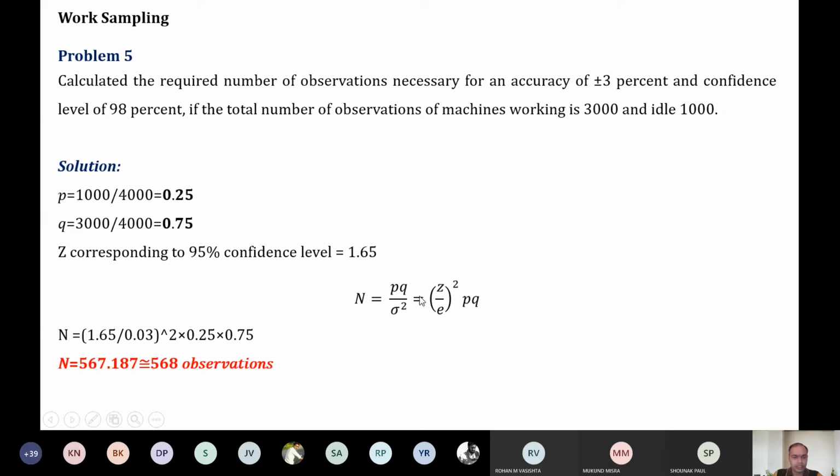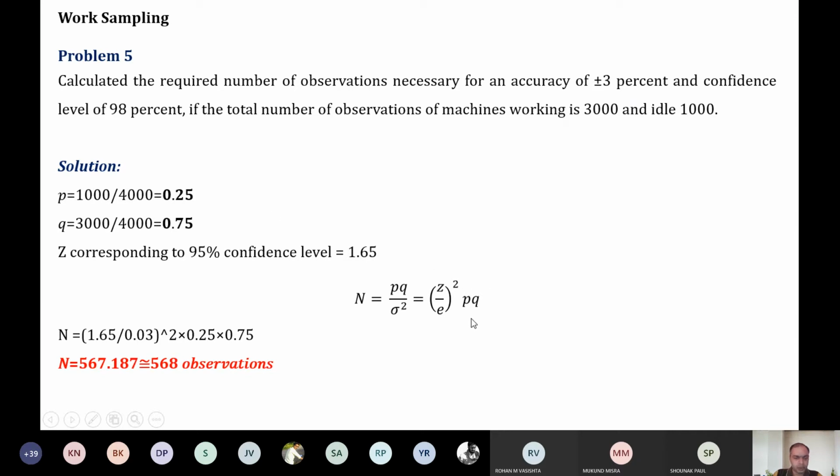Then we are going to calculate. So we know z value as 1.65, error value as 0.03, that is 3%, which is given to you in the problem. P we have calculated as 0.25, Q we have calculated as 0.75, because these are in fractions, right? So we have substituted that. So just 1000 divided by 4000, 3000 divided by 4000, only that is the calculation you are doing.